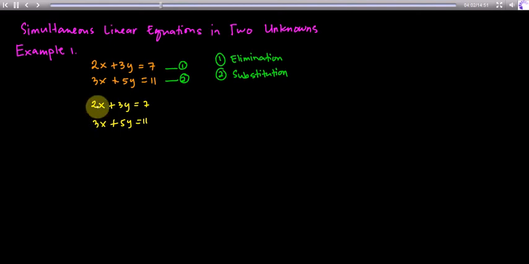So we will multiply this by 3, since multiplying 2x by 3 will be 6x. How about this 3x? We are going to multiply this by another number, which is 2, so we could make it 6x too.